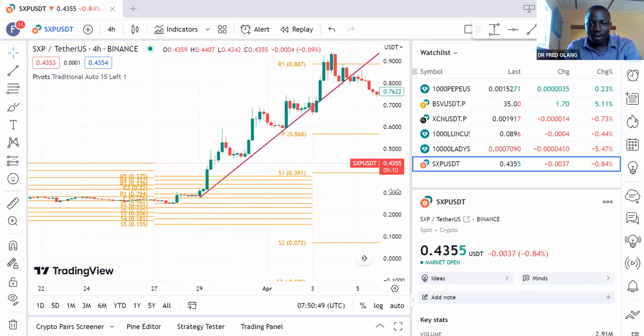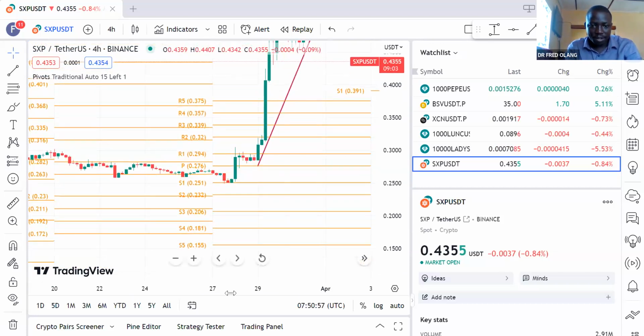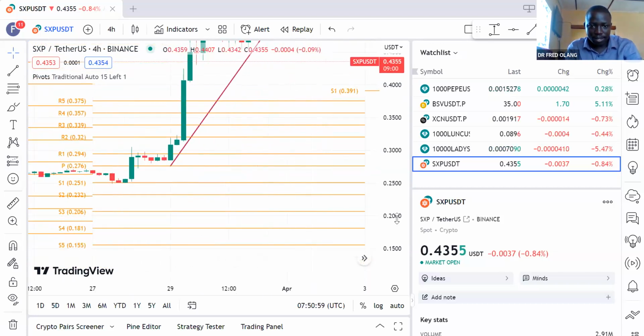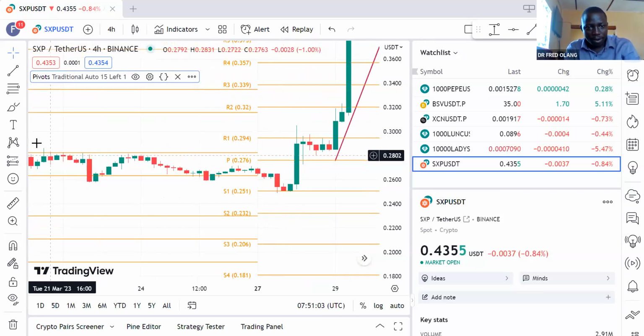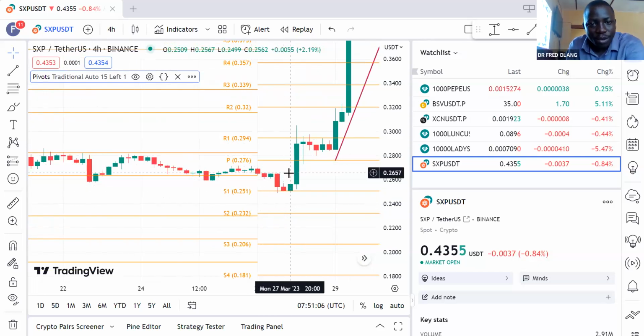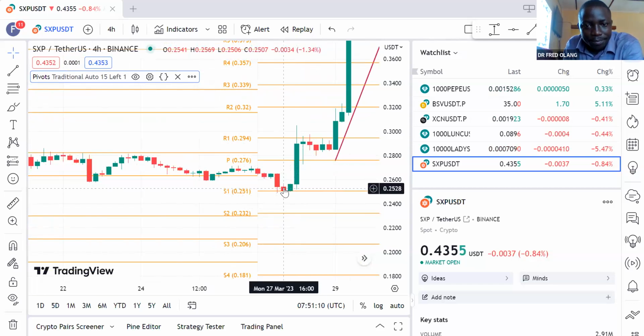So that is a good sign that we are going down. Even when we come back here, let me just show you this. We are falling, going down like this. But when we reached this support, support 1, we came, retested it, we were pushed up, we came, retested again, we did not close below it, but we got a candle that overpowered this.